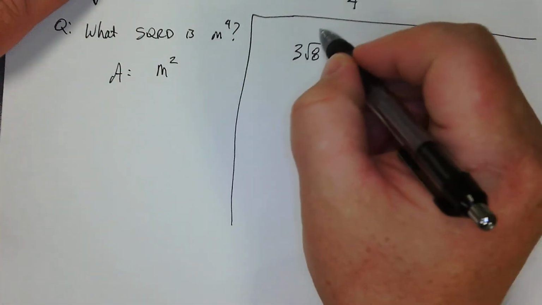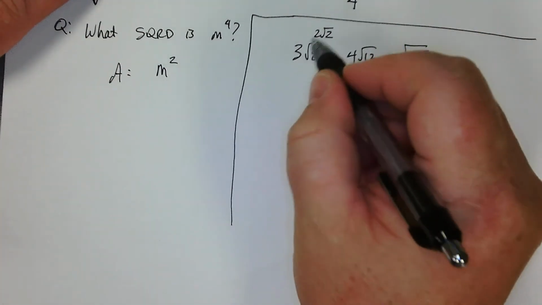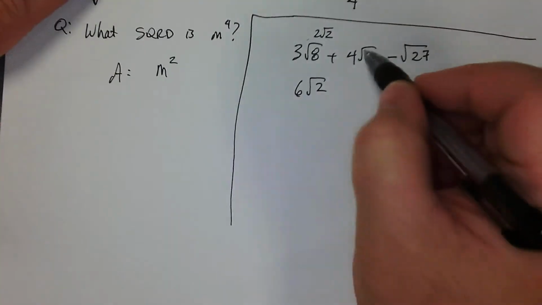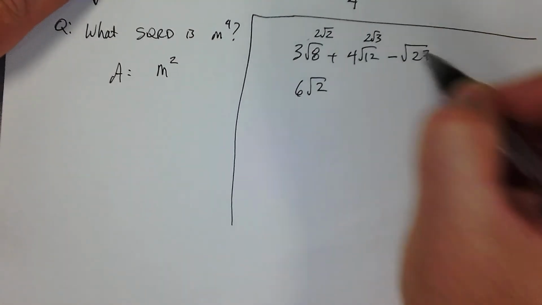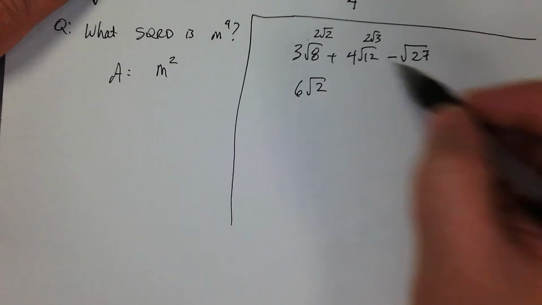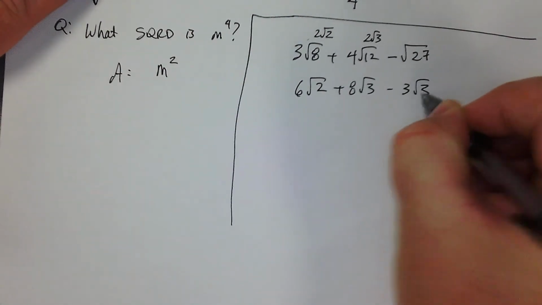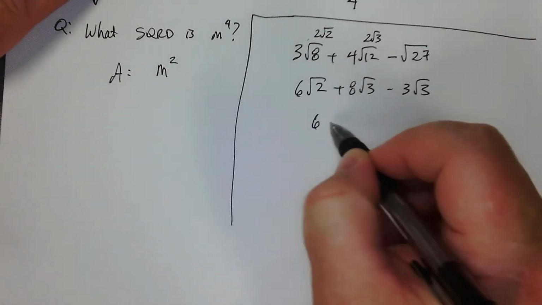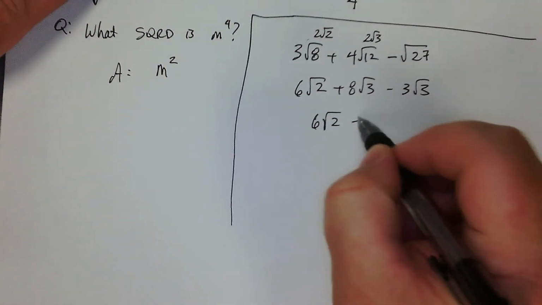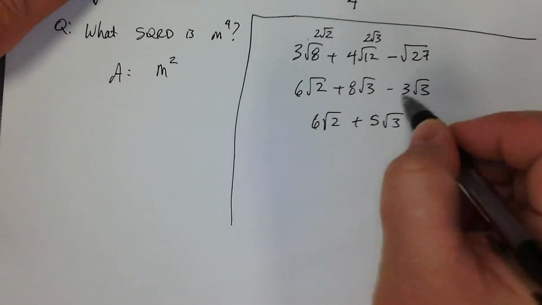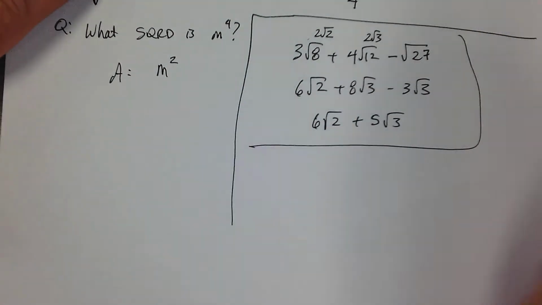We know that the square root of 8 is 2 root 2. 2 times 3 is 6. We know that this is 2 root 3, right? Because that's 4 times 3. The square root of 4 is 2. 27 is 3 root 3. 8 minus 3, 5. Boom, done.